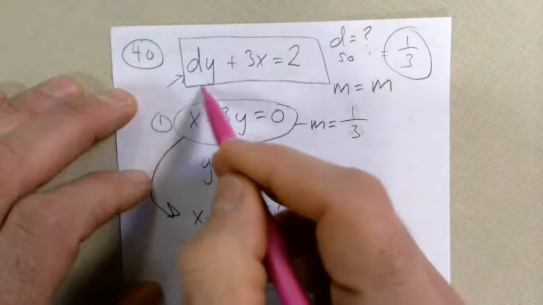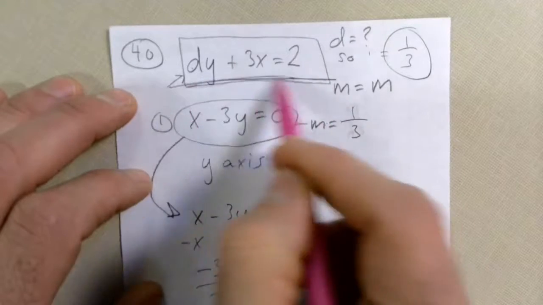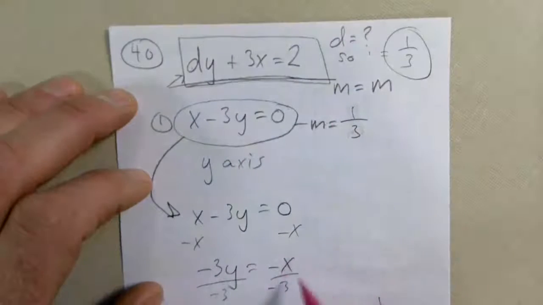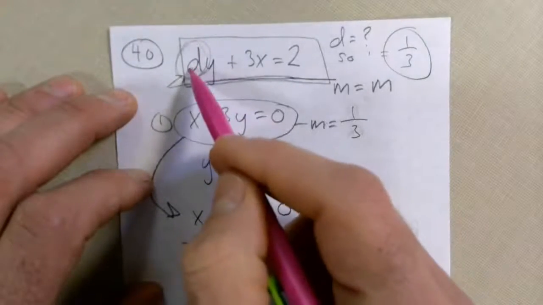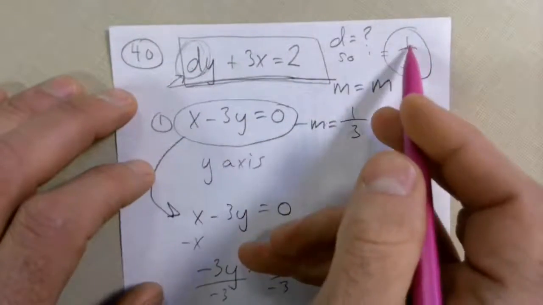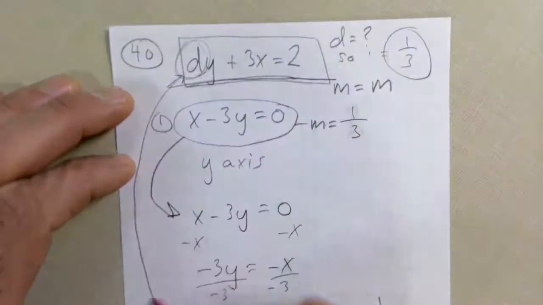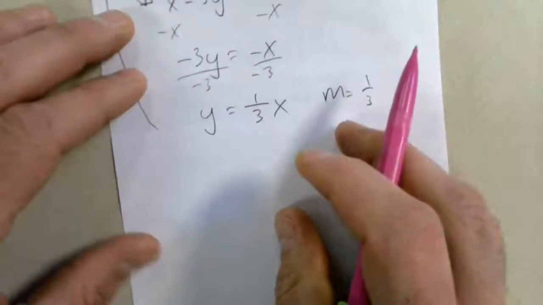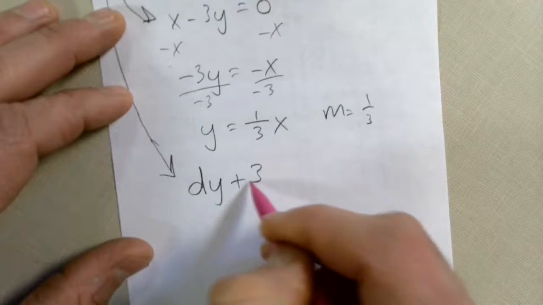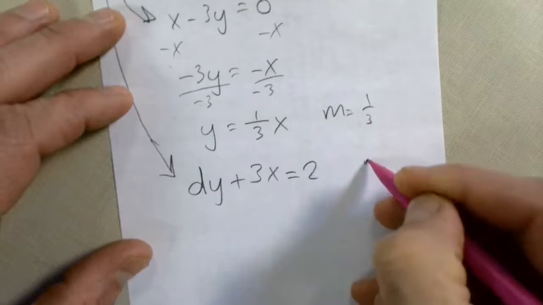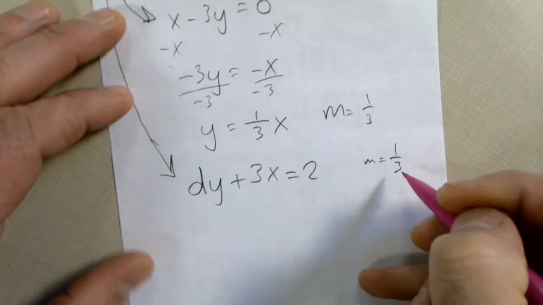Okay, now here's where it gets a little tricky. We're going to have to take this equation and put it into y equals mx plus b form, while we keep the d, and then figure out how to work it around. So dy plus 3x equals 2, and we know we've got to get the slope equal to 1/3.